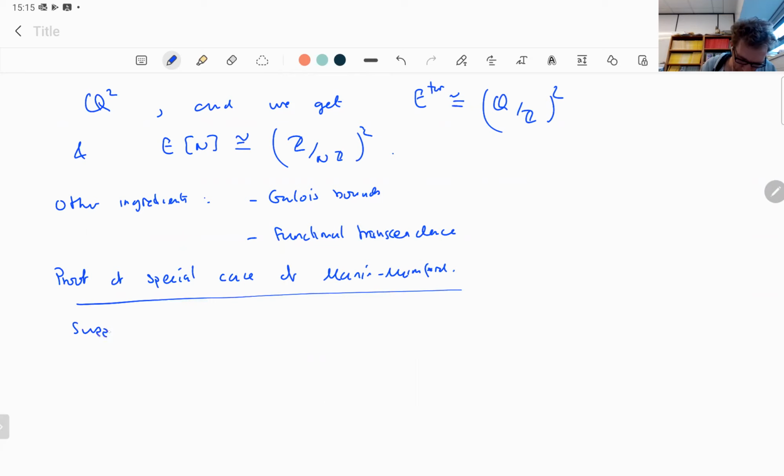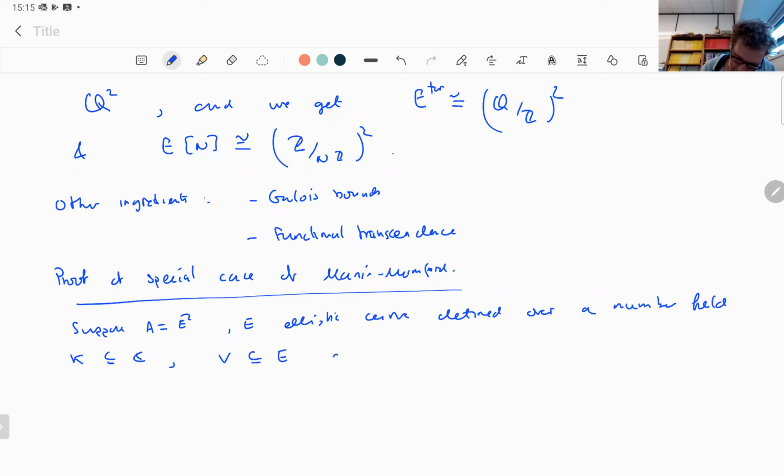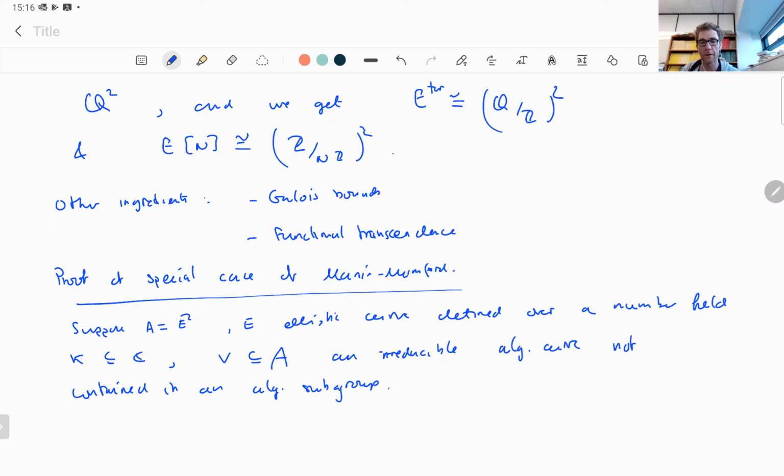We suppose A is E squared, E an elliptic curve defined over a number field K in C, and B contained in A an irreducible algebraic curve, not contained in a proper algebraic subgroup. We want to show that there are only finitely many torsion points on B.